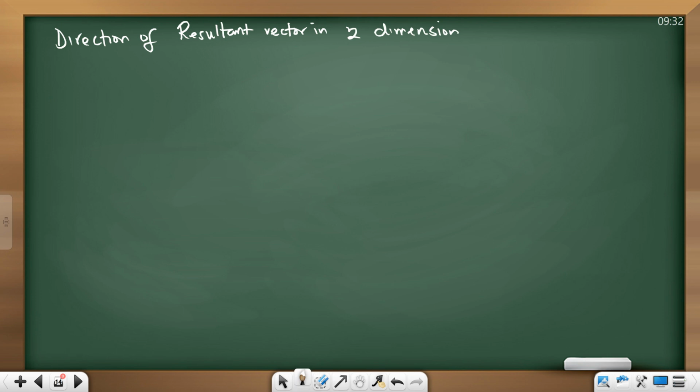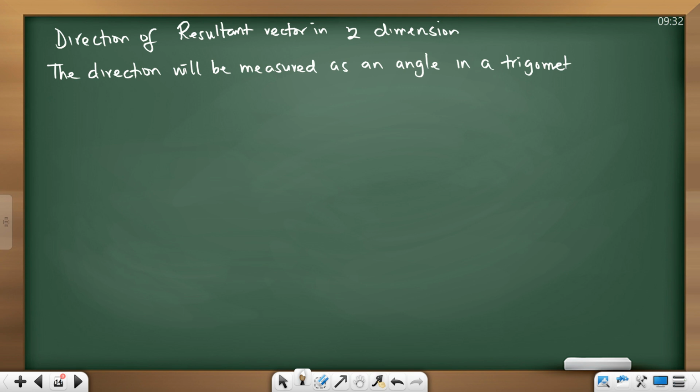All right. The direction will be measured as an angle in a trigonometry function.